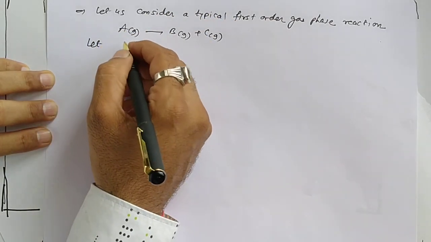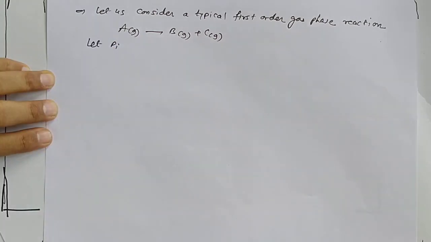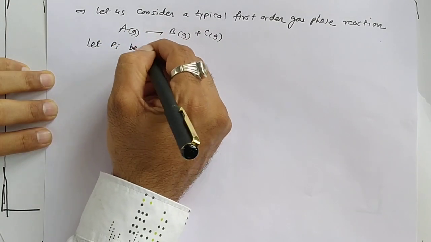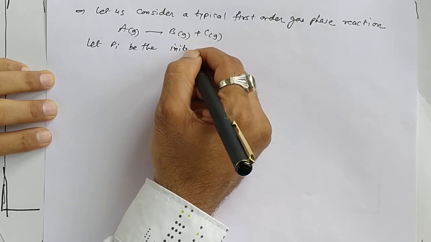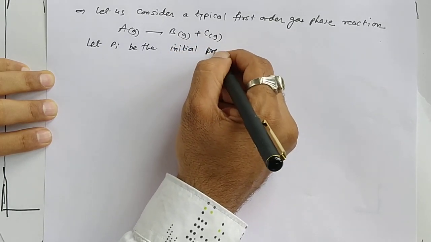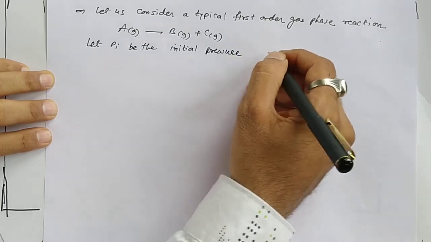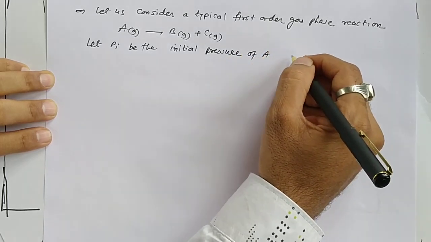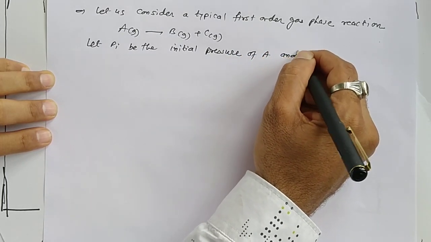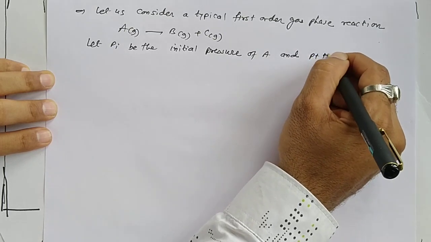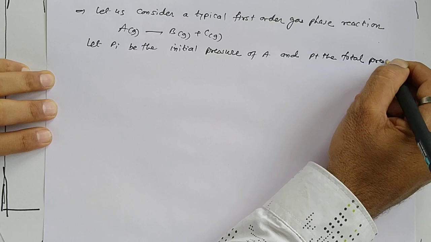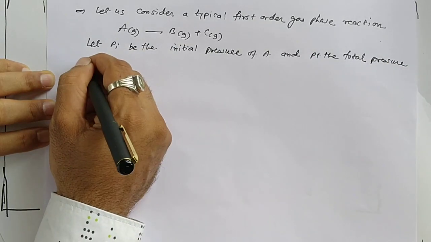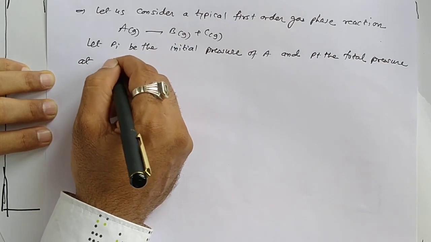Let Pi, I means initial, Pi be the initial pressure of A and Pt the total pressure at time t.